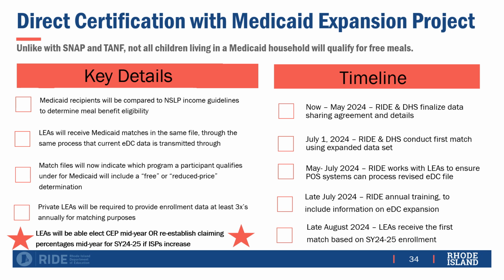For school year 24-25 only, LEAs will be able to elect CEP participation mid-year or reestablish CEP claiming participation based on increased ISPs resulting from the expanded direct certification process. RIDE anticipates providing the first matching data that contains Medicaid information to LEAs in late August or early September of 2024.